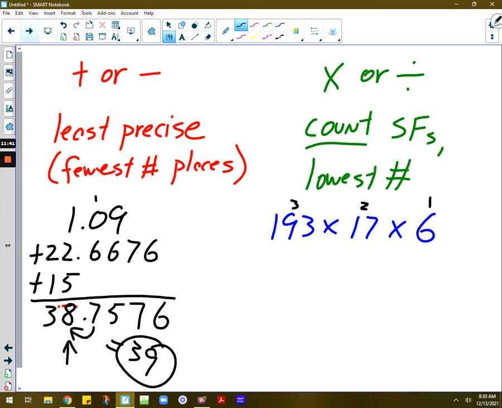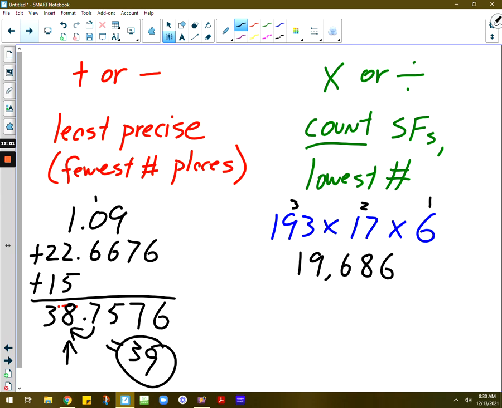So I would start by calculating the numbers themselves, so like 193 times 17 times 6. I get an answer of 19,686.